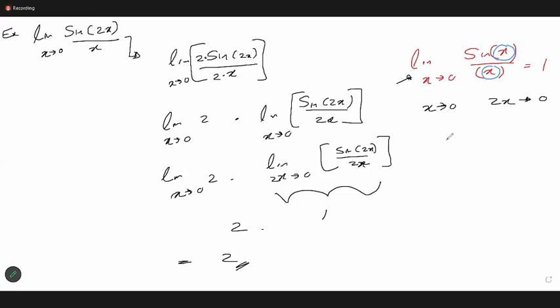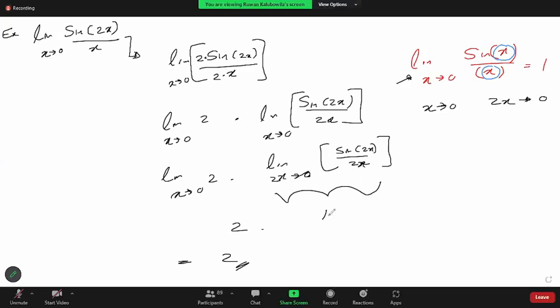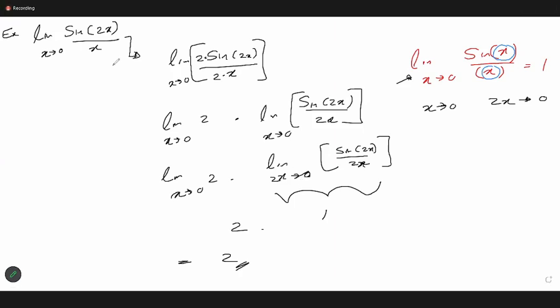This is satisfied when x approaches 0. Again, 2x should approach 0. If this is satisfied, then we can put 2x approaches 0 instead of x approaches 0, because both are equal, right? Only then can we put the value for this part, and find the answer for this question.